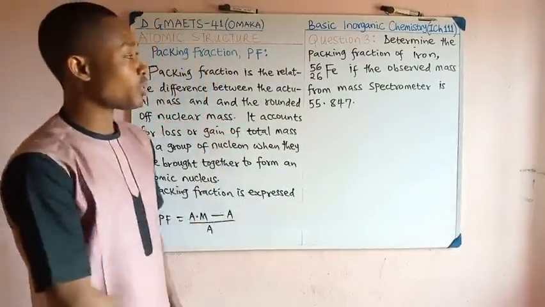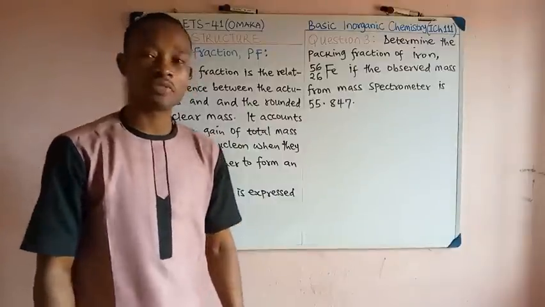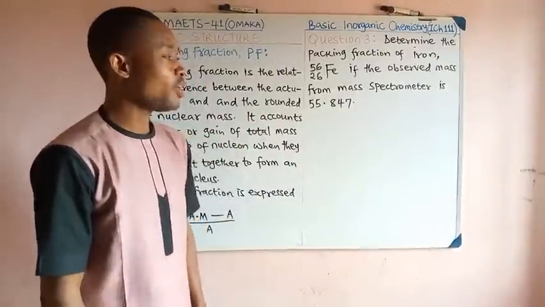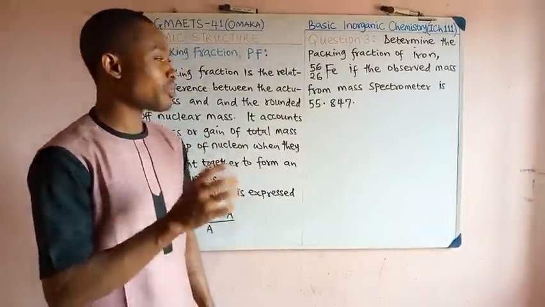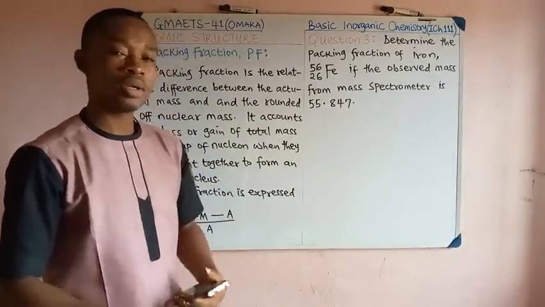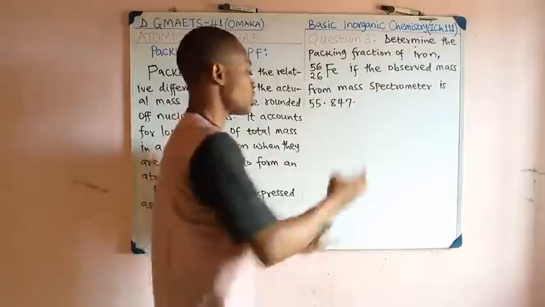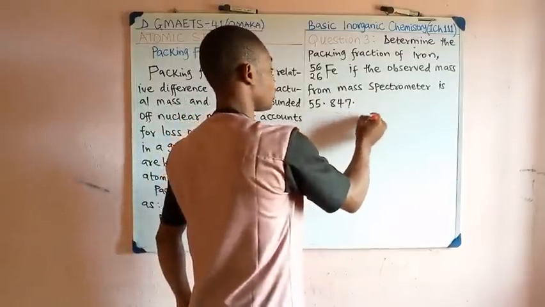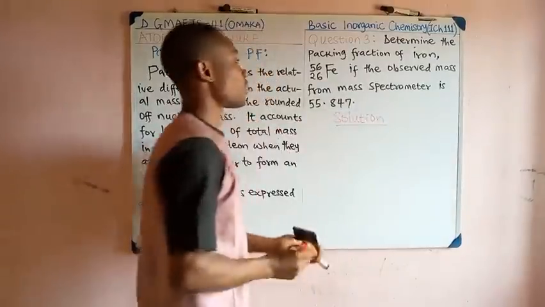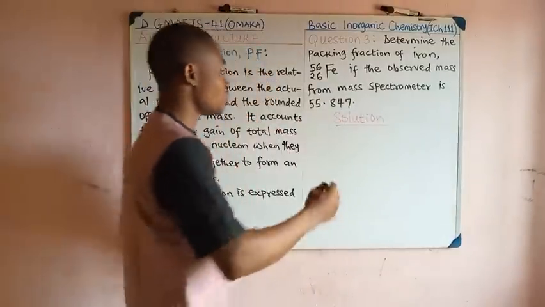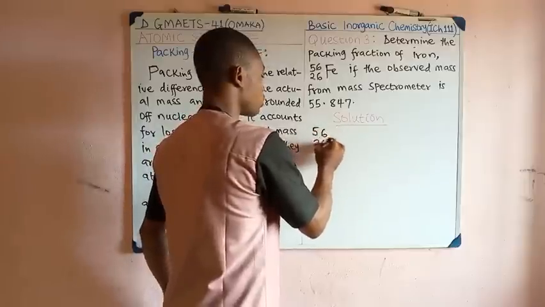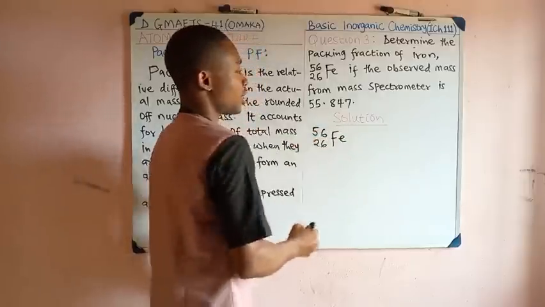We've got this question on the board here. We want to determine the packing fraction of iron 56 if the observed mass from the mass spectrometer is 55.847. Solution. From the question, we know that we are dealing with iron 56, so I have 26 iron.